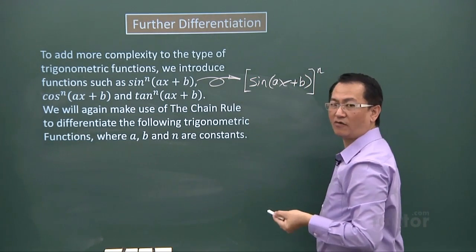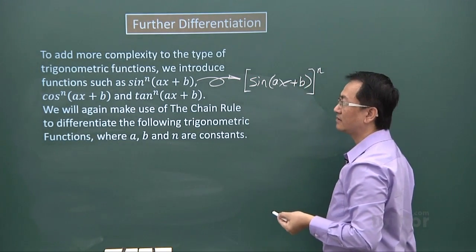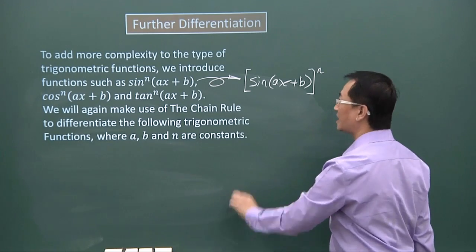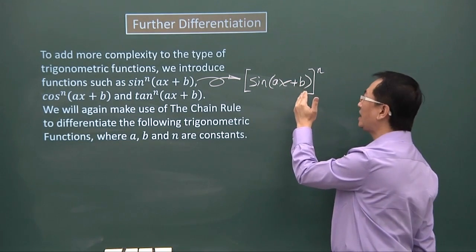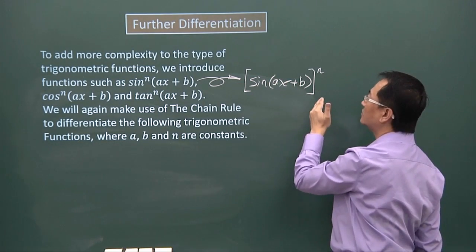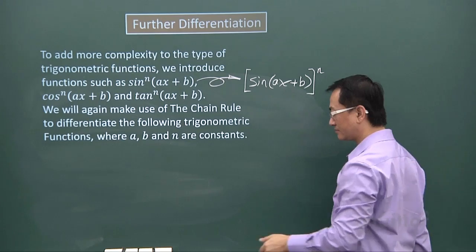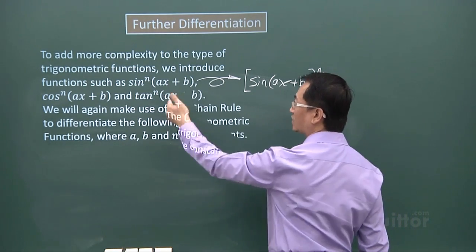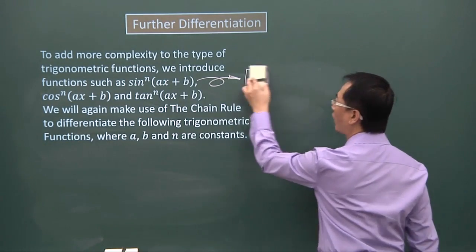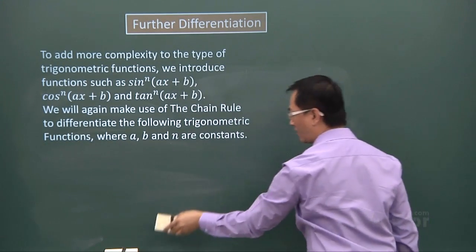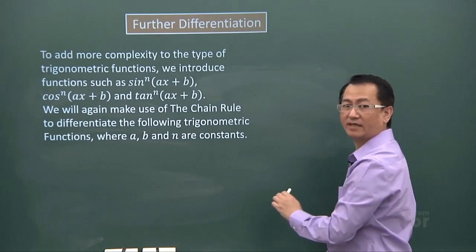Raise it to the power of n. Just keep this in mind: sine bracket ax plus b, the whole thing raised to the power of n. But we choose to write it this way. It's more compact. It amounts to the same thing.